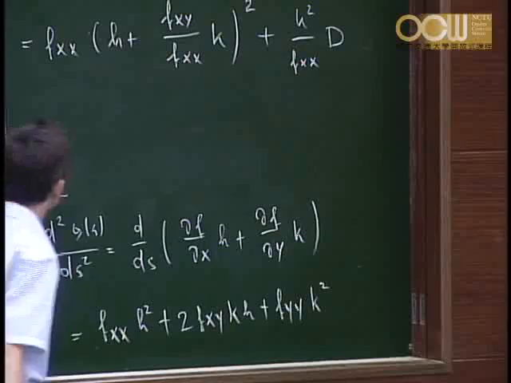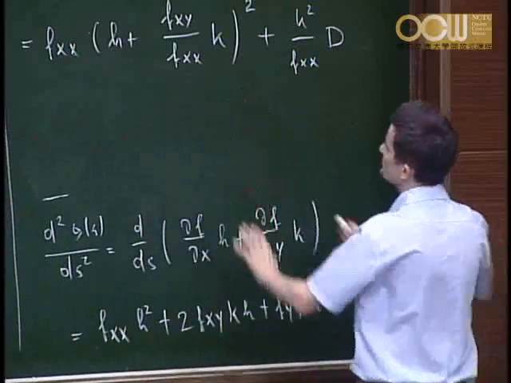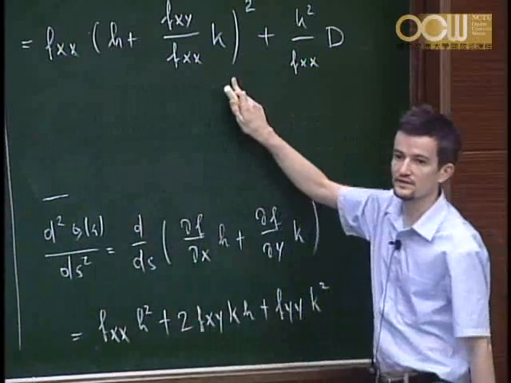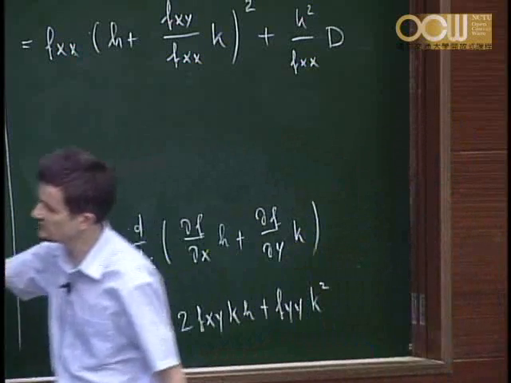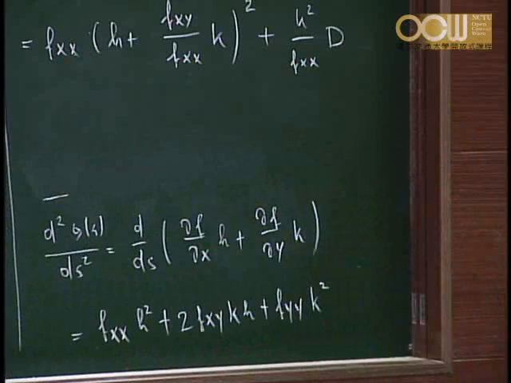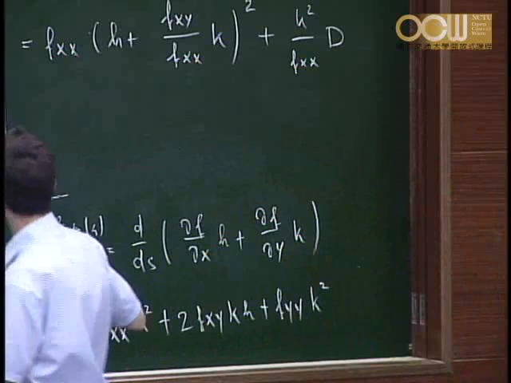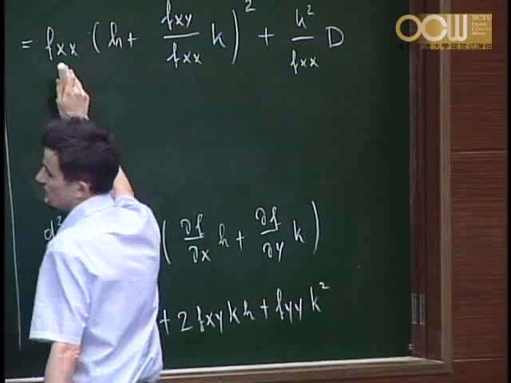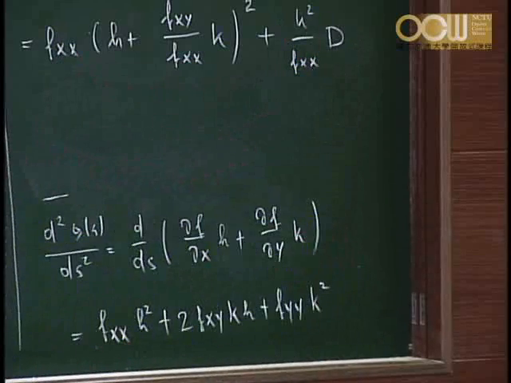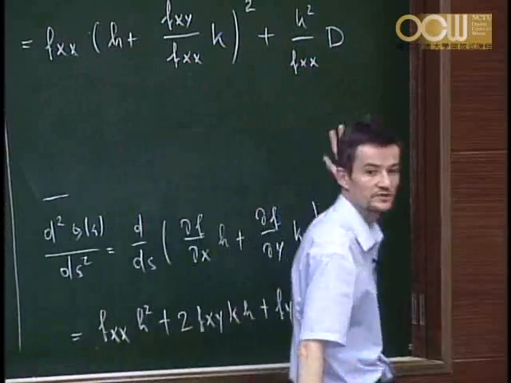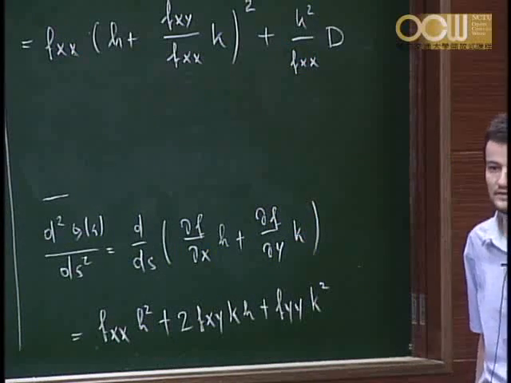Now the only idea is, if you look at this here, this is certainly positive, and if you assume this here, then this is positive, and if you are in this case, then D will be positive as well, so everything will be positive.